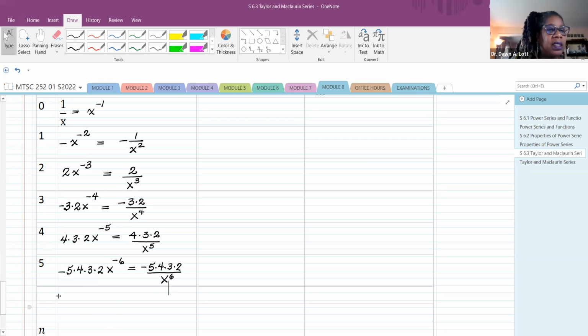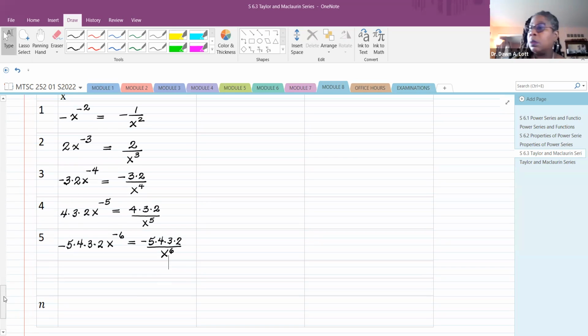Can anybody see a formula, a pattern here? I have a 1, I have a 2 times 1, I have a 3 times 2 times 1, a 4 times 3 times 2 times 1, 5 times 4 times 3 times 2 times 1. What is that?